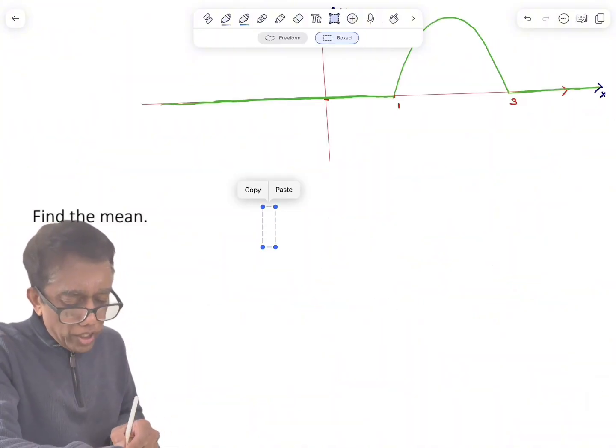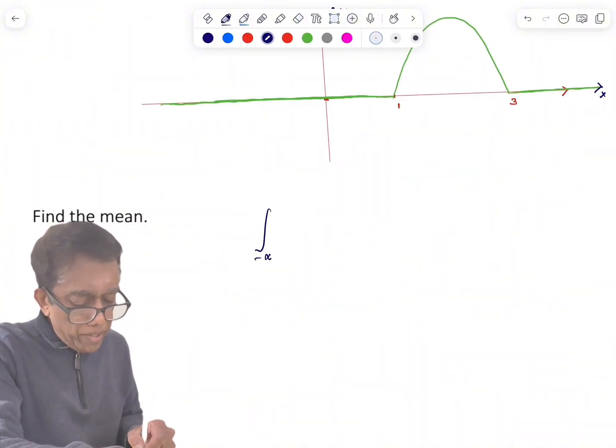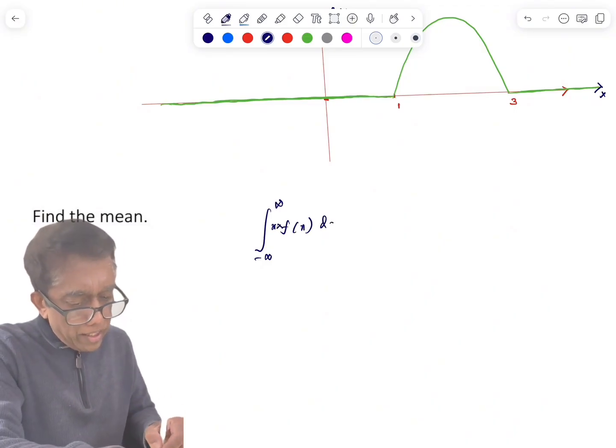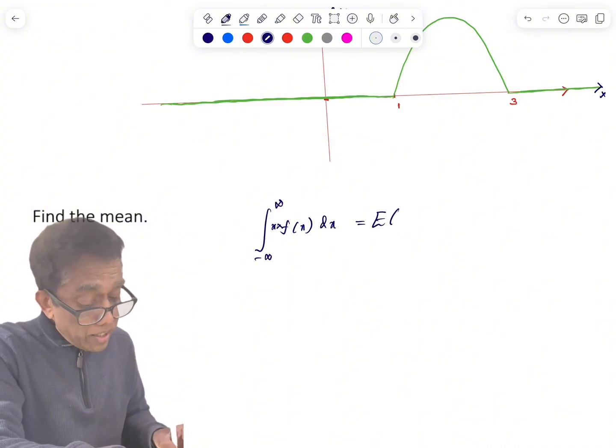Okay, the next question, we are asked to find the mean. How do you find the mean? We know that the integral from negative infinity to positive infinity of x times f(x) represents the mean, or E(X).